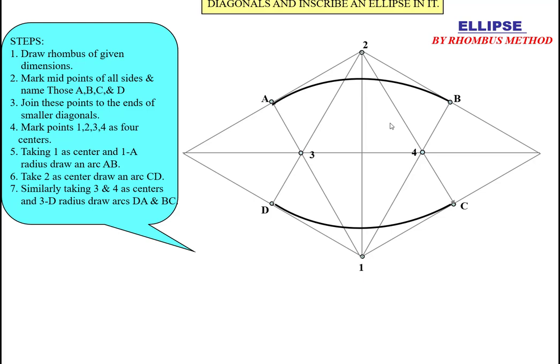Now take radius 3A and center 3, and draw an arc. Then from point 4, take radius 4B with center 4. So here we'll get our ellipse, a smooth curve ellipse by the rhombus method. This method is generally used in orthographic and isometric projections.